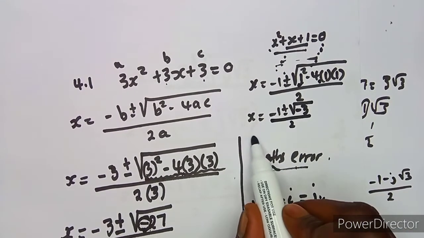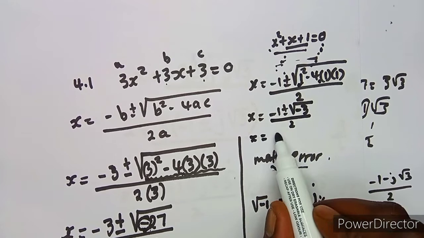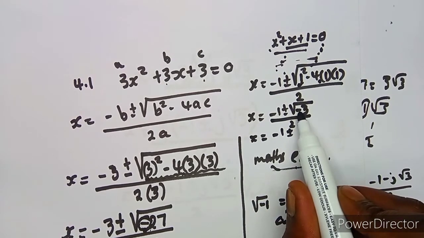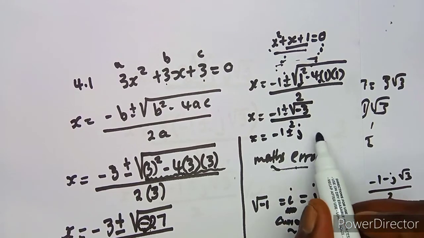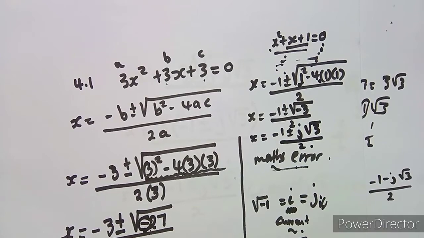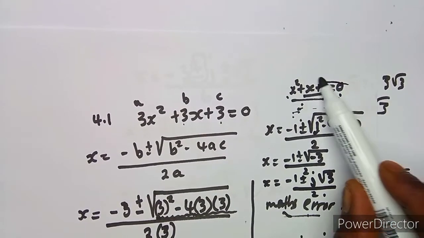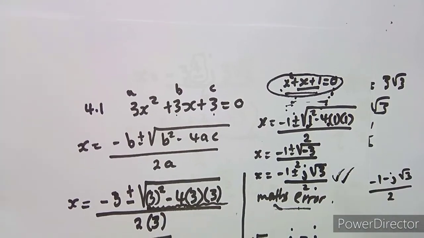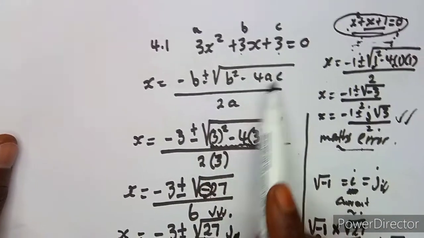You see, so your x was going to be -1 plus or minus, remember square root of a negative is j, so you're left with j square root of 3 over 2. So if you could have reduced the equation like this, it would have been much easier than working with the original equation as it was.